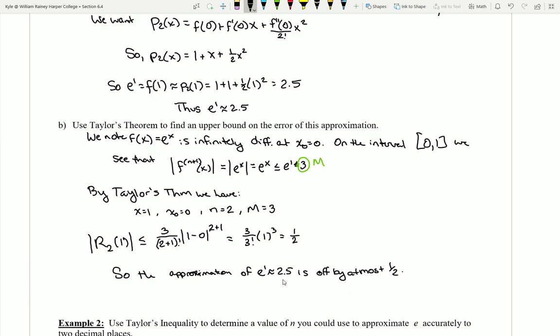This value of 2.5, according to Taylor's theorem, is at worst case scenario off by 1/2. We know then that the actual value of e is guaranteed to be somewhere from 2 to 3, going down 1/2 and up 1/2 from this approximation. And we know that's perfectly correct because e to the first power should be about 2.7.